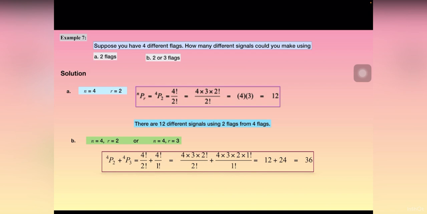So it equals 12 plus 24 equals 36. There are 36 different signals using 2 or 3 flags from 4 flags.